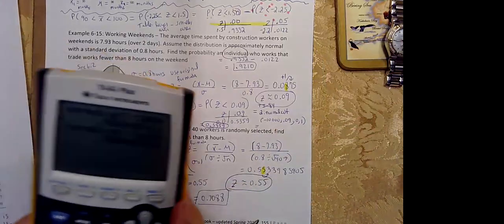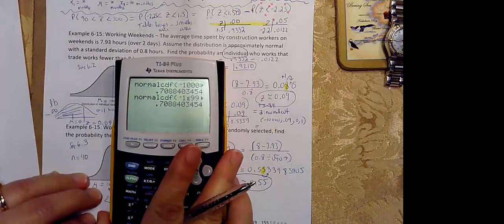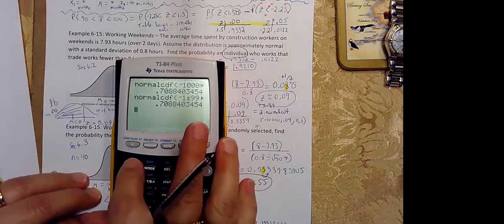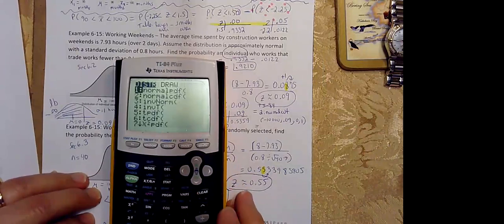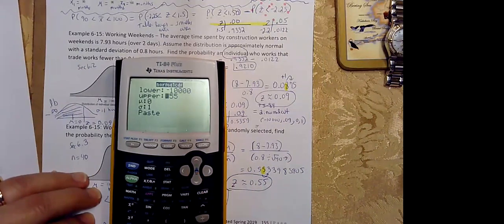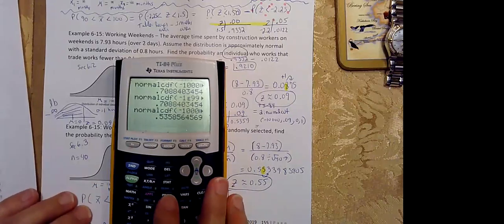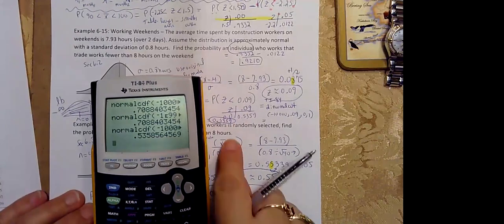So you do 2nd vars, number 2. You have negative 10,000, then 0.09, then 0 and 1. We should get what we got over here.